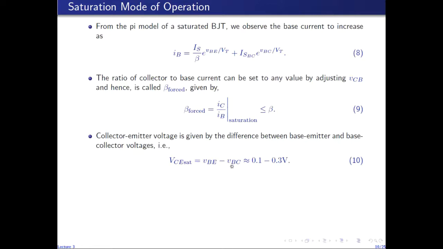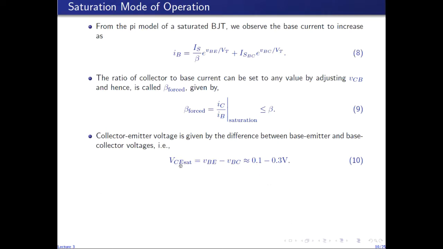Now, since the collector-base junction has a much larger junction area than the base emitter junction, from the physics of diode, we know that the collector-base junction will start conducting appreciably at smaller forward bias voltages, which is why the base collector forward bias voltage will always be smaller than the base emitter forward bias voltage by about 0.1 to 0.3 volts.